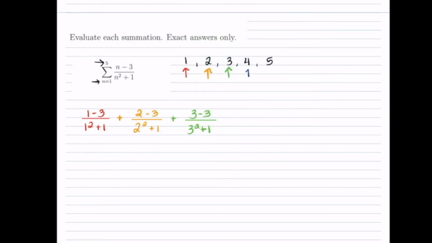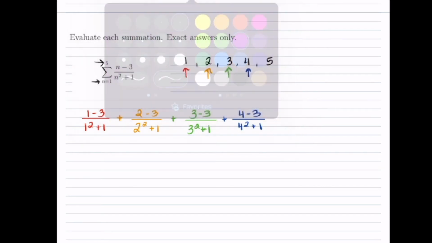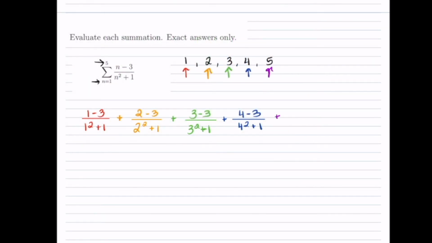For n equals 4, we got 4 minus 3 over 4 squared plus 1. And for n equals 5, 5 minus 3 over 5 squared plus 1.